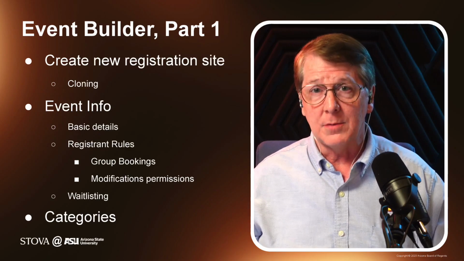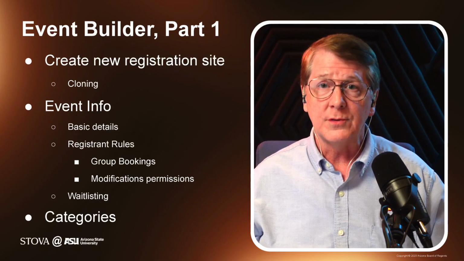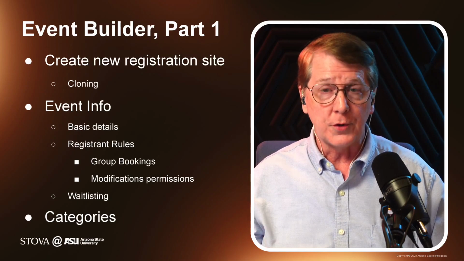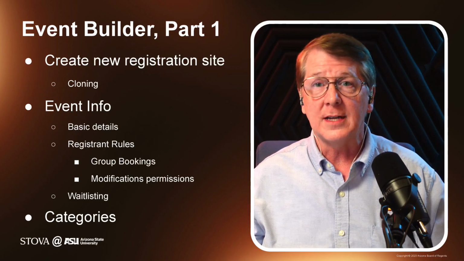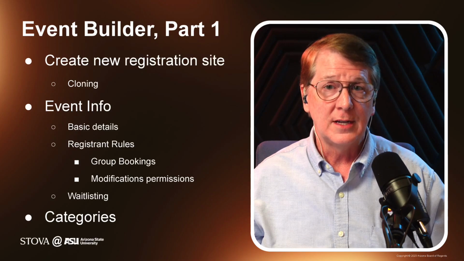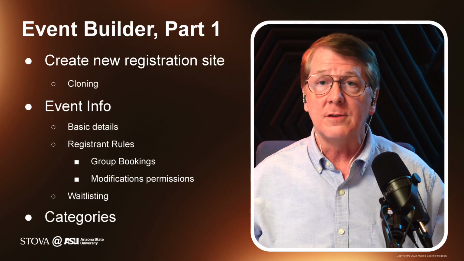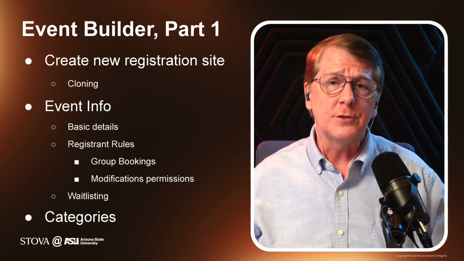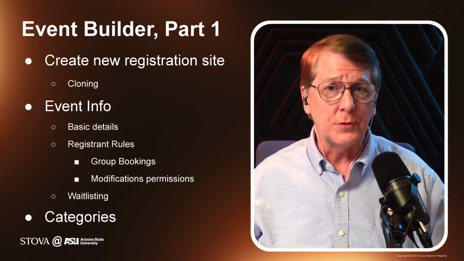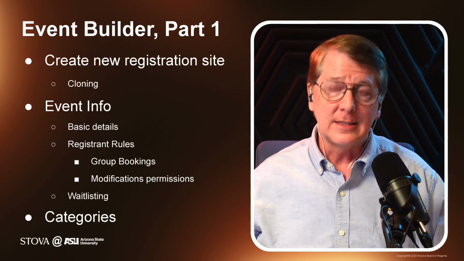Another sub-tab of Event Info is Registrant Rules, which is where you control the group bookings feature and allowing your attendees to modify their registrations. And we'll also be talking about waitlisting. Again, that's under Event Info. And finally, we'll talk about categories, which I think is the most powerful feature inside the registration module.